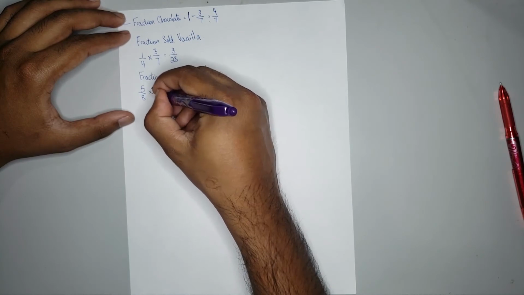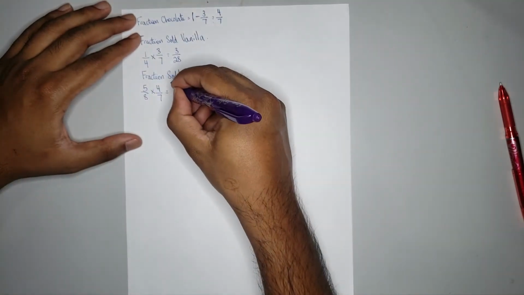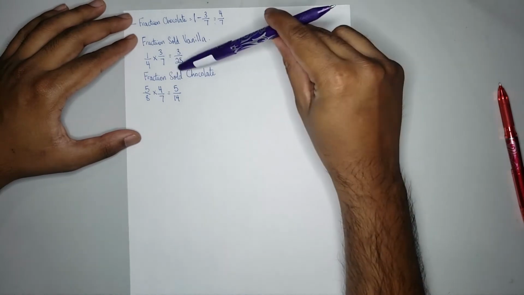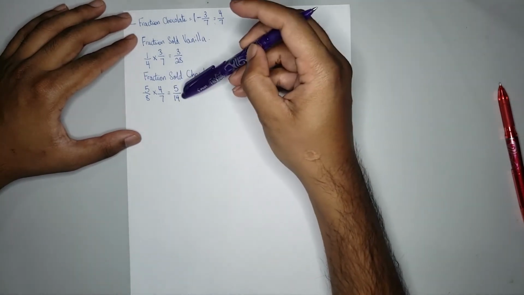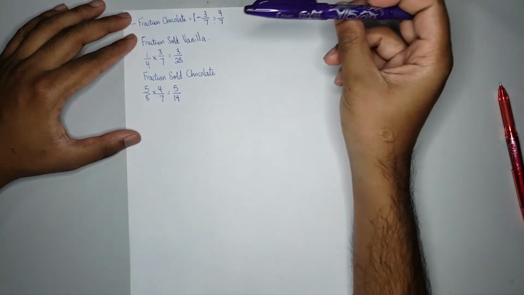So 5/8 of 4/7 is equal to 5/14. So now the fraction of chocolate sold was 5/14, and the fraction for vanilla sold was 3/28.